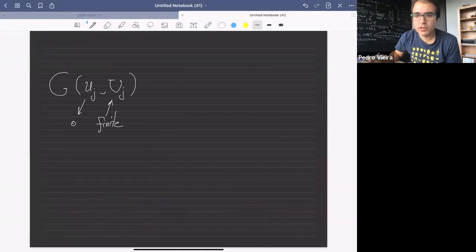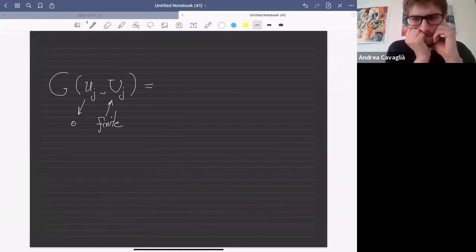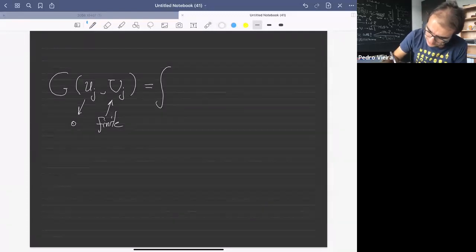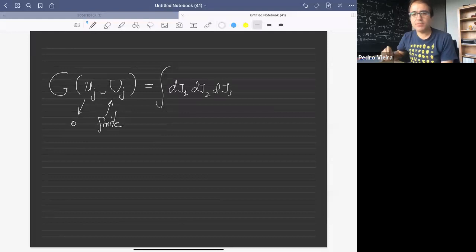So what is this formula? The formula says that, well, first of all, we have to integrate over the spins. So I sum over spin 1, spin 2, and spin 3. I replace the sums by integrals because the spins are very large. So I can replace these sums by integrals.